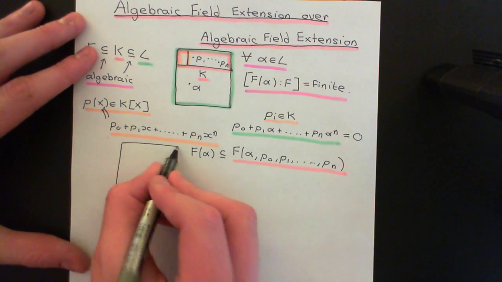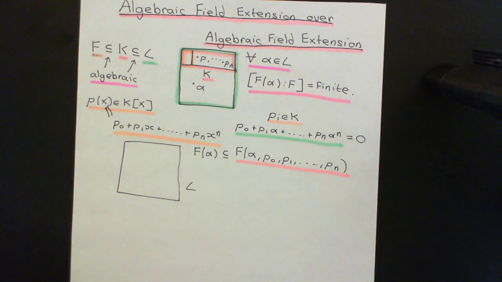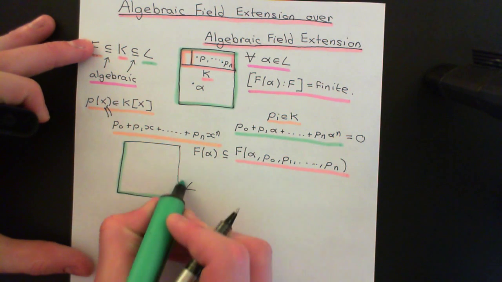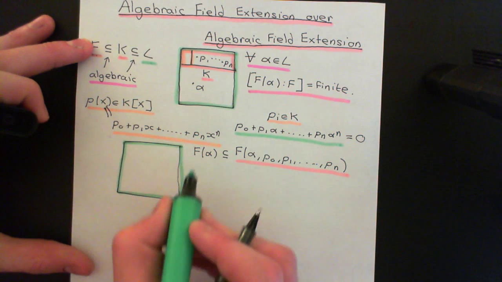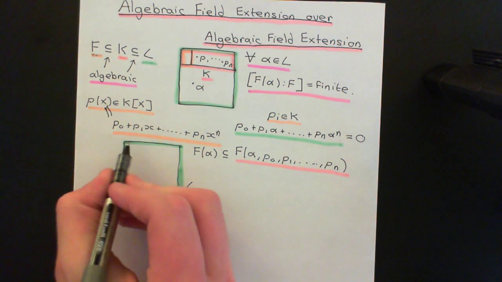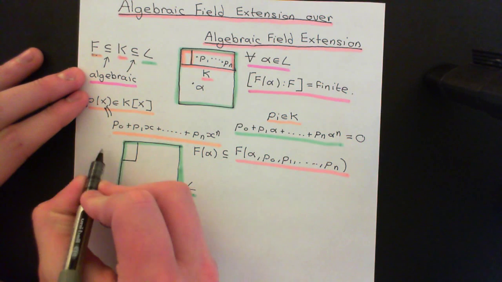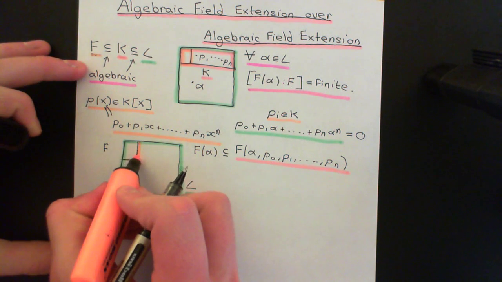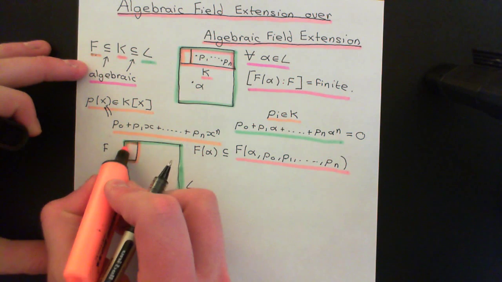So we'll have L once again here, and I think I better colour code it because we're going to have a lot of different subfields in here. So here is L in green initially. And then we've got F here, circled in orange.